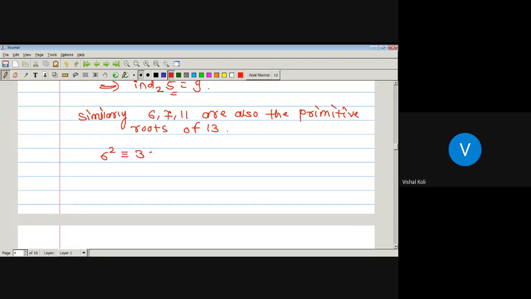Minus 3. 6 square will be 36, which is congruent to minus 3 modulo 13, which implies 6 raised to 4 is congruent to 9 modulo 13. Now 6 raised to 4 square, which is nothing but 6 raised to 8, is congruent to 9 square, which will be 81 over modulo 13. What is the value of 81?